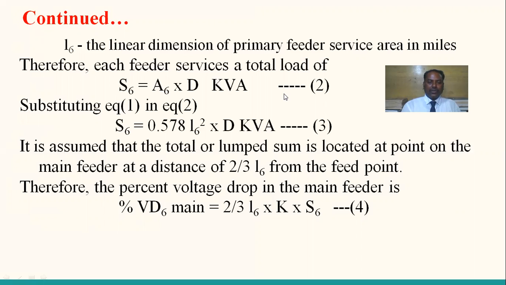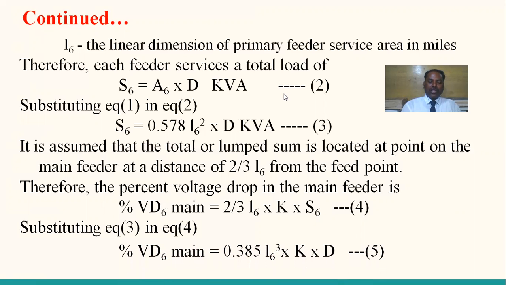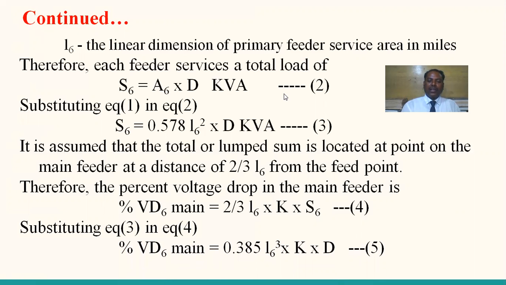S4 consists of S6, so again substitute equation number 3 in equation number 4. So we will have the voltage drop of one feeder out of 6 feeders main equal to 0.385 L6 cube into K into D. This is equation number 5.